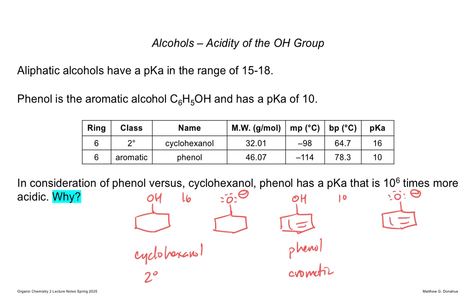So the pi bonds, what word would we use? Resonance. So remember from module 1 when we were talking about electrophilic aromatic substitution and how resonance sort of dictates where a reaction will take place. The negative charge in the phenol can be pushed into the ring, and so that stabilizes it.